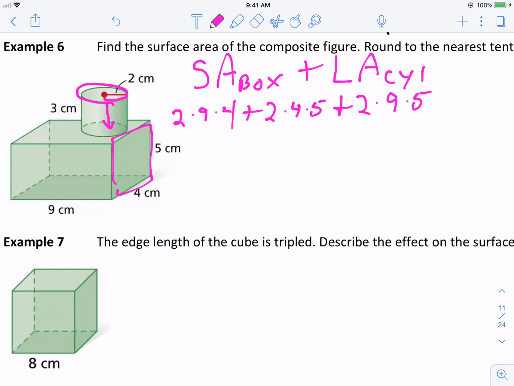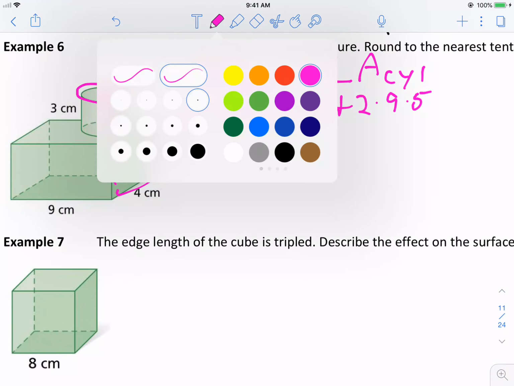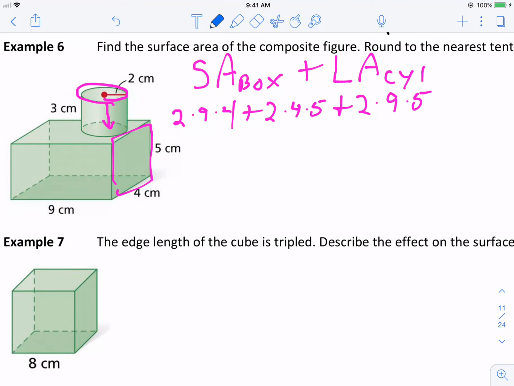And then to this, we're going to add on the lateral area of the cylinder. The lateral area would be the circumference of the base times the height. The circumference in this case would be 2 pi r. So 2 times pi.